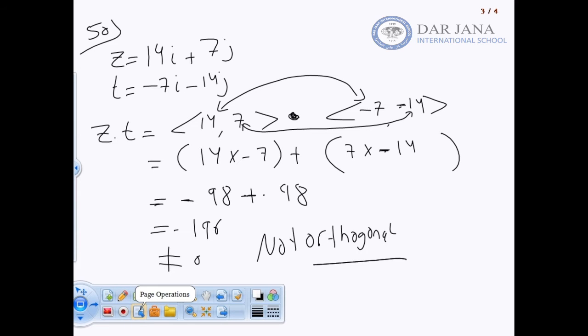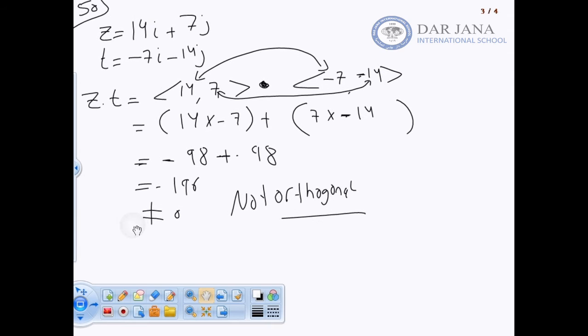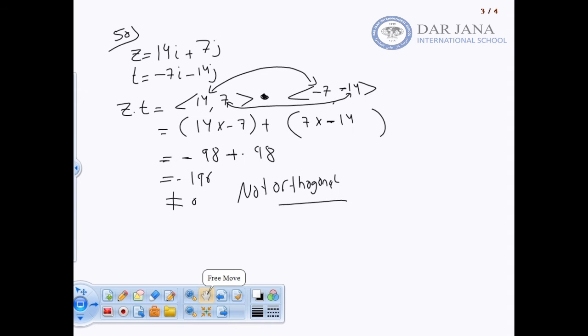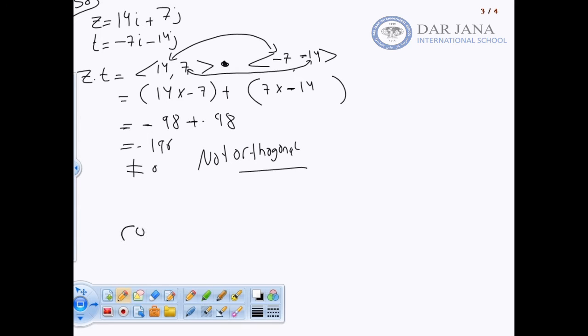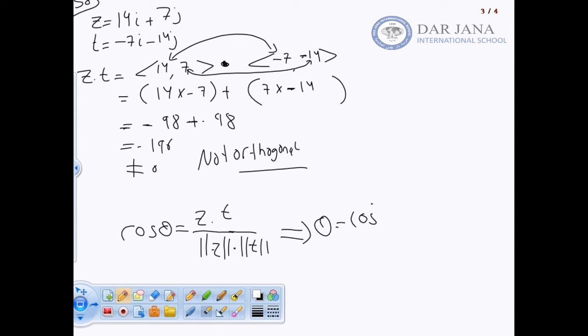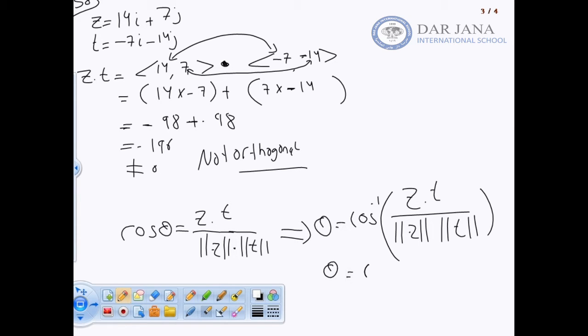Or we can find the angle between them. We will use the rule cosine theta equals Z dot T over magnitude of Z times magnitude of T. That means theta equals cosine inverse of Z dot T over magnitude of Z multiplied by magnitude of T. We already found the dot product of Z dot T, which is negative 196.